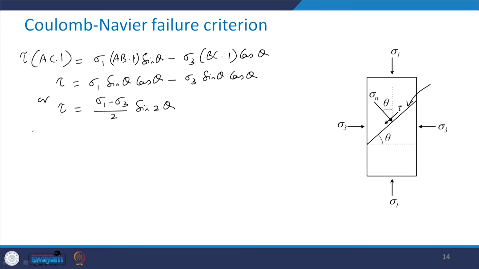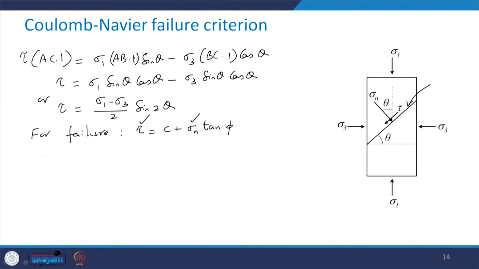Now what is the condition for failure? Which is tau is equal to C plus sigma n tan of phi. So just substitute the expressions for tau and sigma n in this expression.